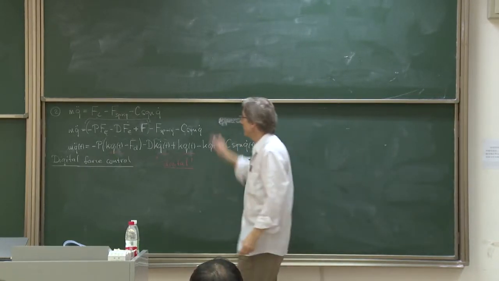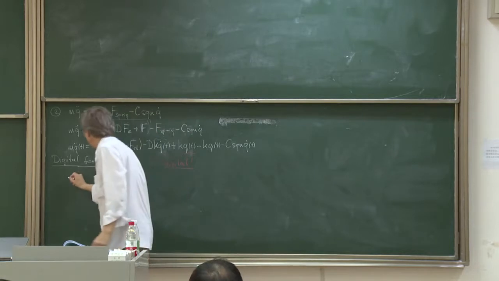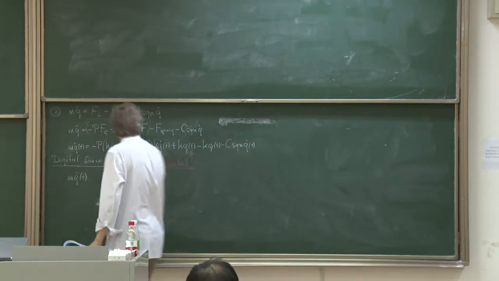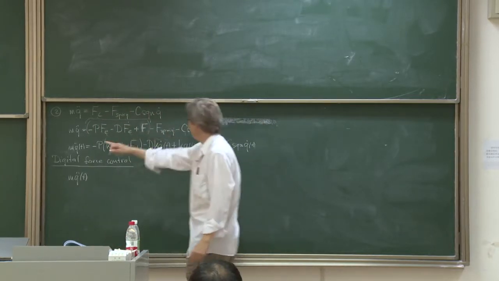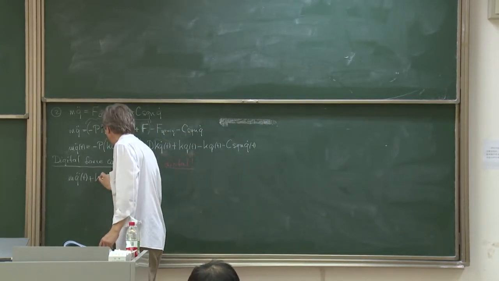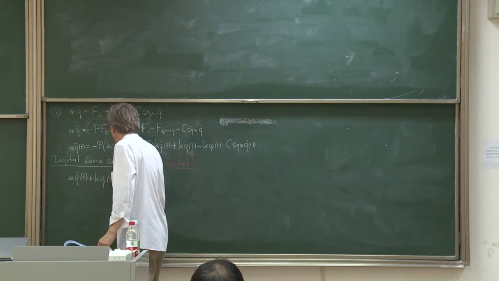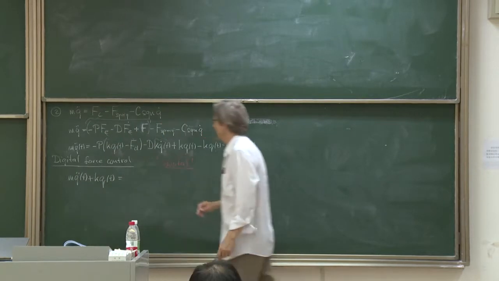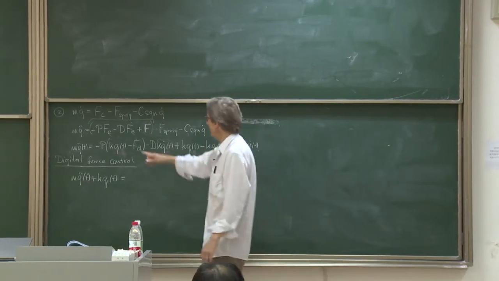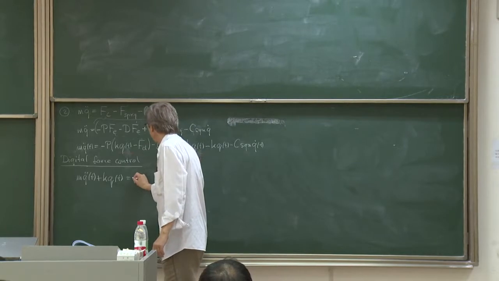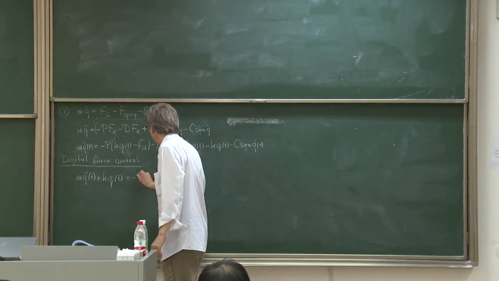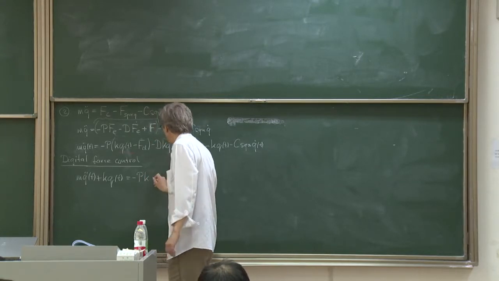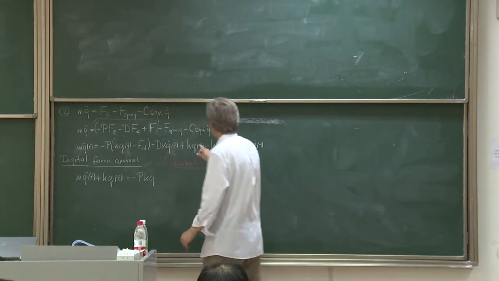So then if you try to put it together, it will be mass times Q double dot T, okay? And then this term can be put on that side, so it will be plus K times Q of T. So actually there will be a real oscillator, okay? On the right side, we will have these discrete things, so it will be minus P times K times Q at Tj minus tau.